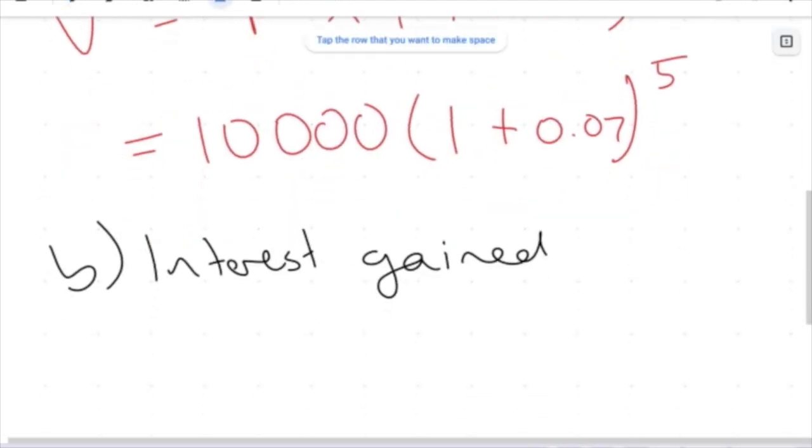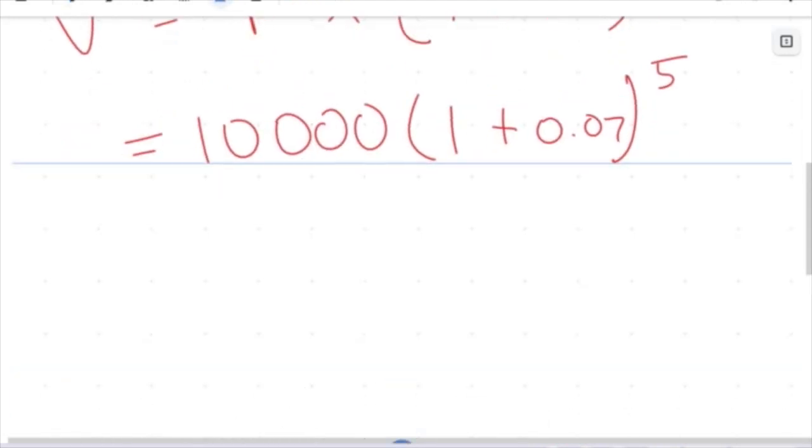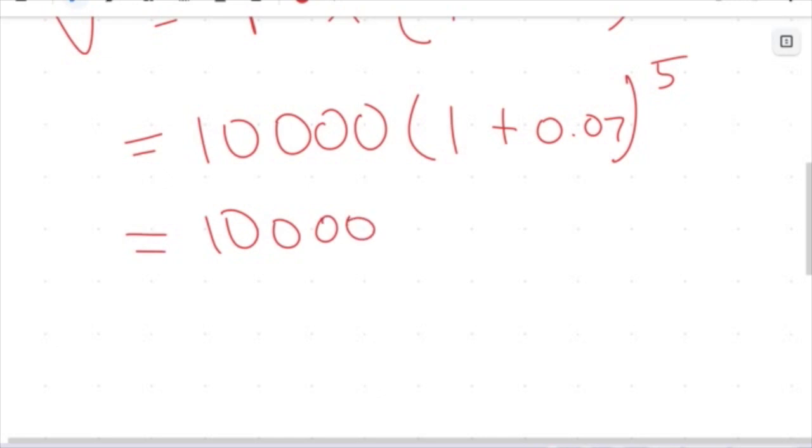So when we plug this into our calculator, we can either write it as 1 plus 0.07 or just 1.07. I'll give you the option. You can do whatever you'd like. I'll just write 1.07 to the power of 5.